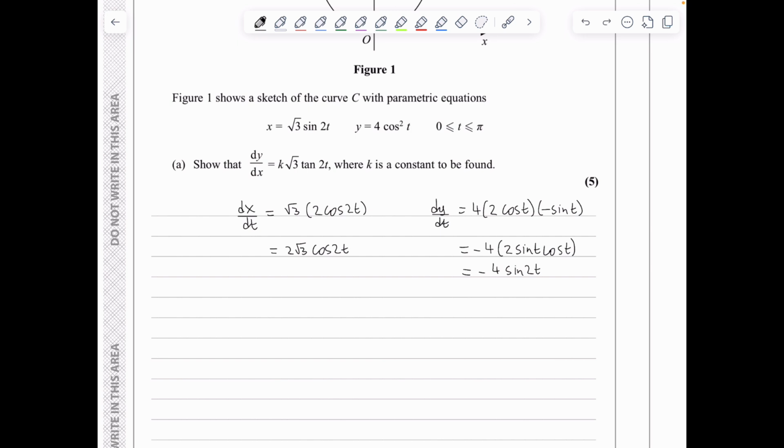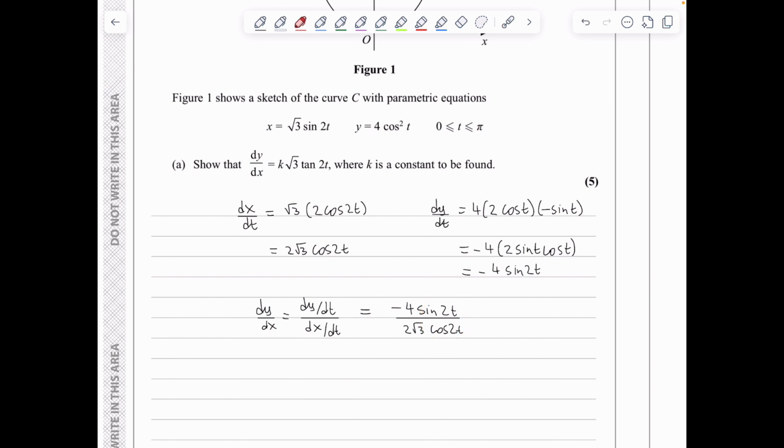And let's recall that dy/dx is given by dy/dt over dx/dt. So in our case, we're looking at minus 4 sine of 2t over 2 root 3 cos of 2t. Well, obviously we recognize sine over cos as giving me tan.